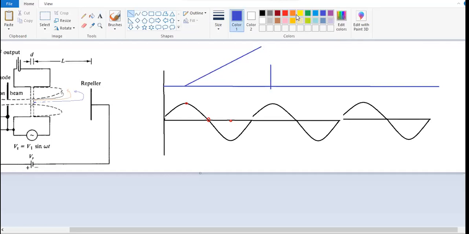Then I'll take another electron, another position. This is the reference. I'm using the same color so that you can correlate with the electron position. So it will go here, but the velocity of this electron is comparatively less. So this electron travels this much distance, this electron travels comparatively less. The early electron travels a larger distance, this electron travels a lesser distance.